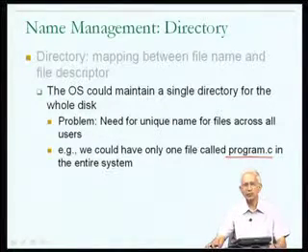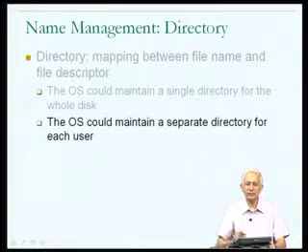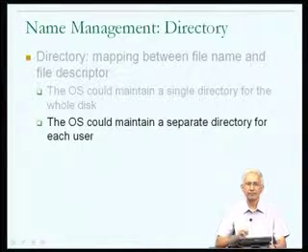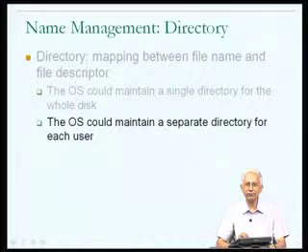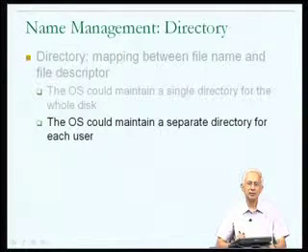Which leads us to the second possibility. Rather than maintaining a single directory for all the files on the disk, the operating system could maintain a separate directory for each user. So if there are 10 users on a system, there could be 10 directories, one for each of the users, and the directory of a given user would contain information about the mapping between names and descriptors for all the files created and used by that particular user.